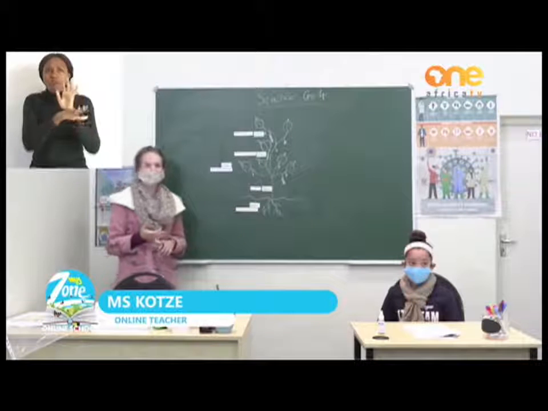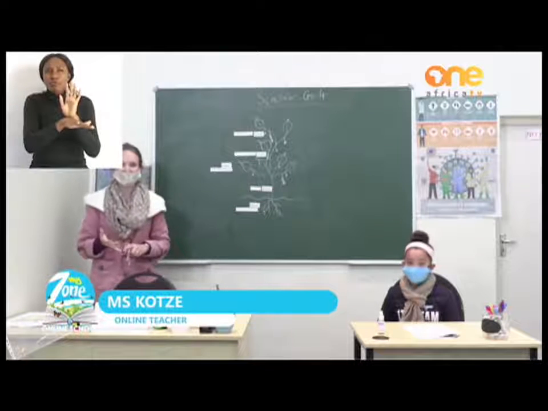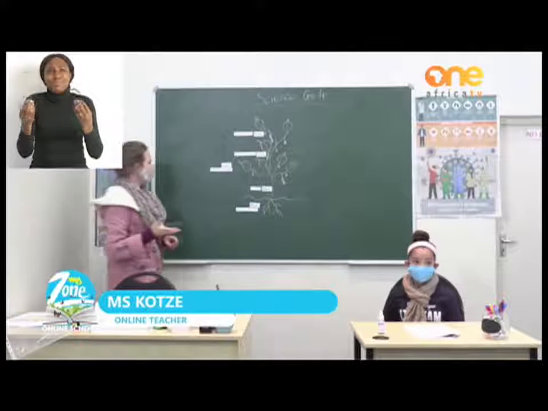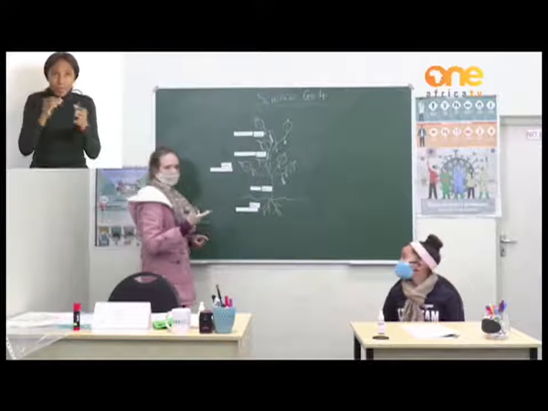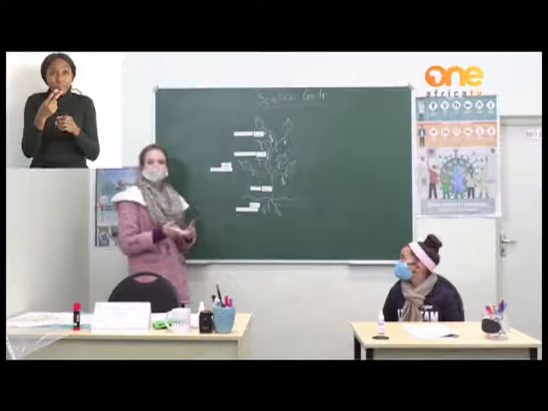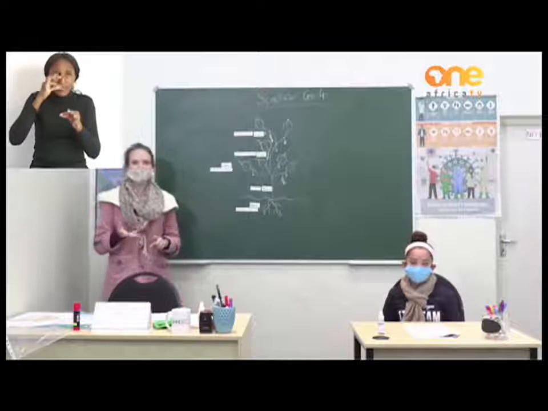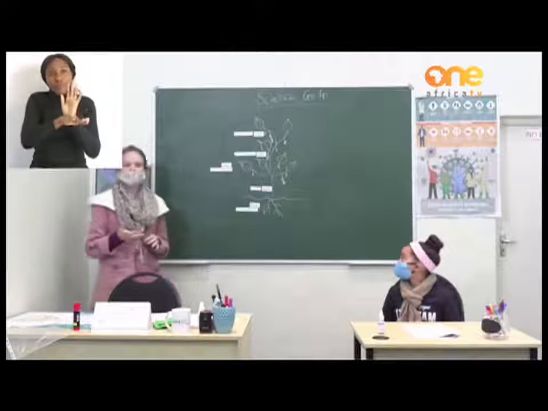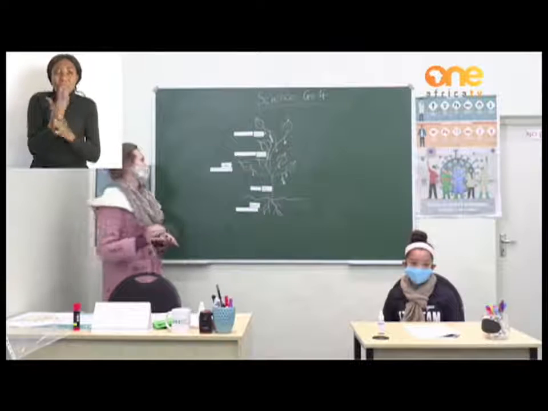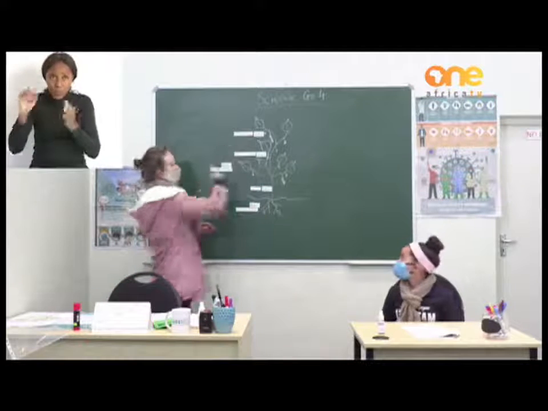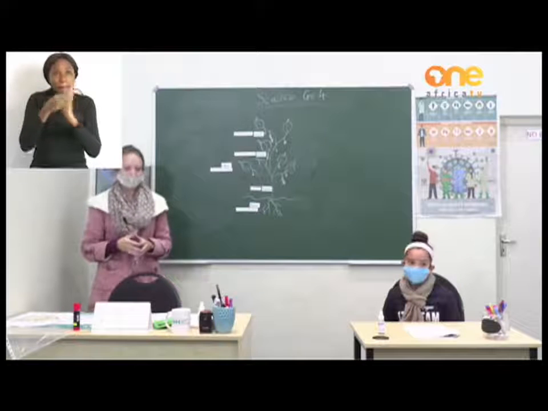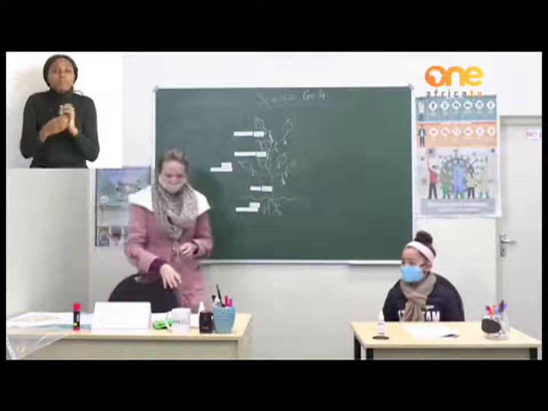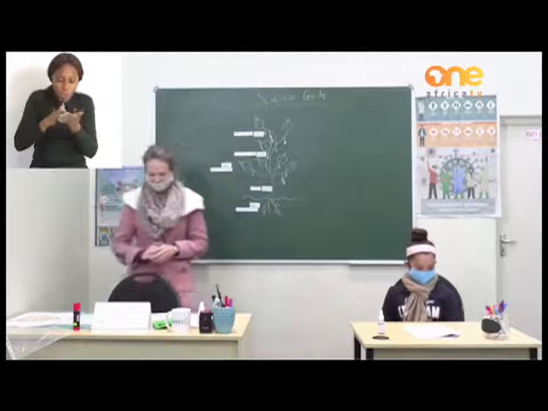So we can name almost tens and hundreds of examples of different types of fruits that we know. Okay, but I'm just going to name two. So grapes and bananas are examples of fruits that we eat from a plant. But then from some plants, we can even eat the seeds. Okay, and examples of this are beans and lentils. Okay, so you can take a look in your workbook on page 11.